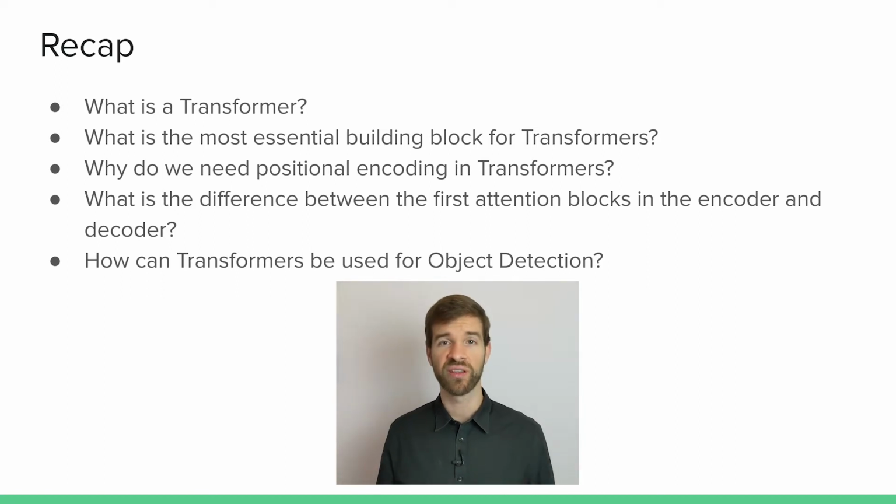You can think of it in that way, and those object queries are learned. So you have, say, 100 object queries, and then you have a maximum of 100 output predictions, and each object query learns where to look and for what shape of object it should look out for.